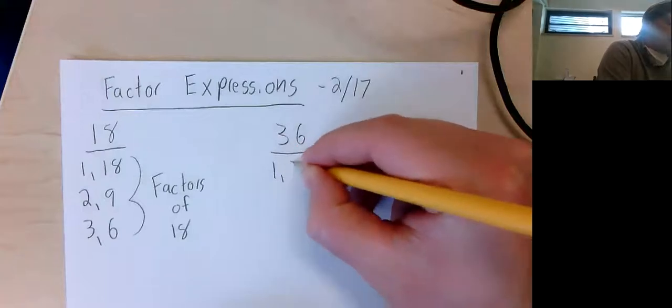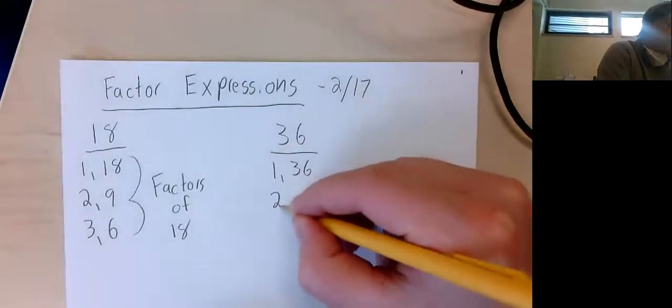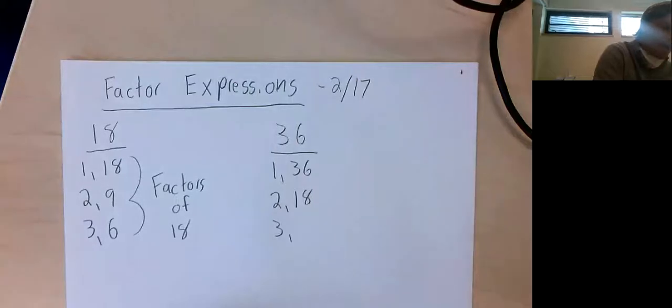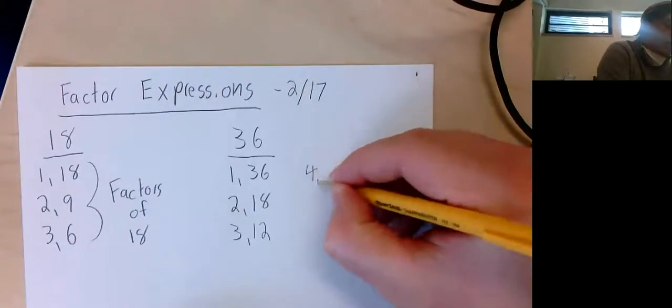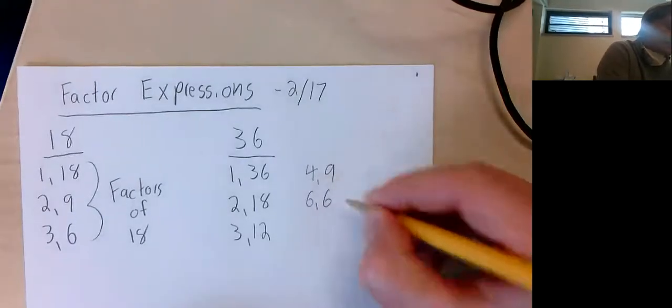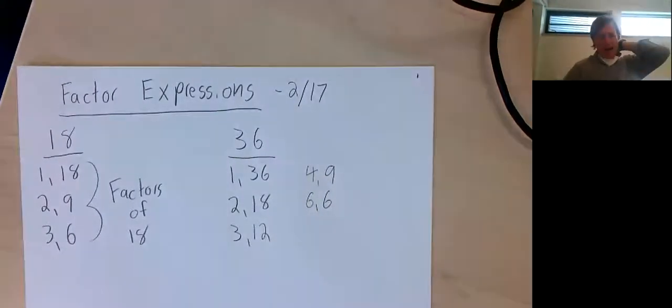I'm thinking 1 and 36, 2 and 18, 3 and 12, 4 and 9, and 6 and 6. A lot of factors for 36. So all those pairings are factors that multiply together to get you to 36, okay? So that's kind of the context as to what a factor is.